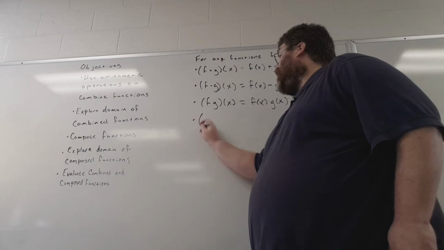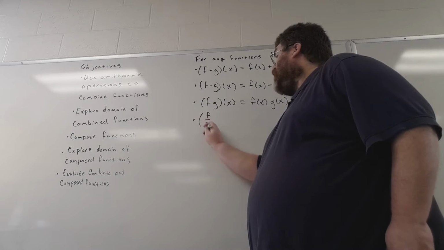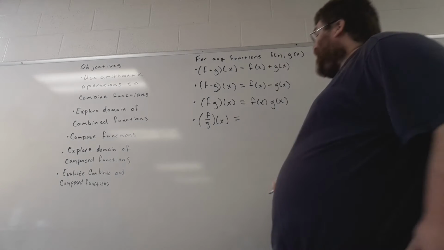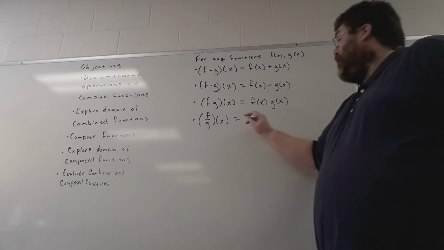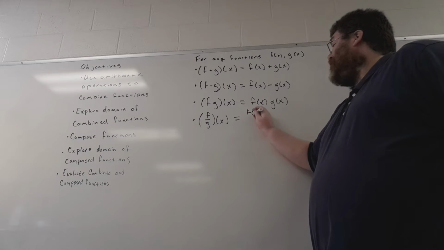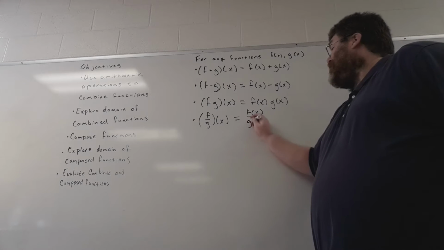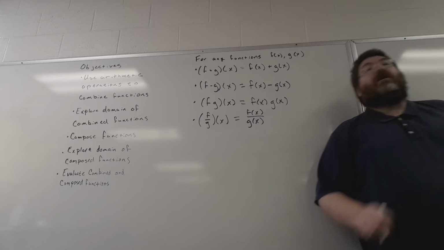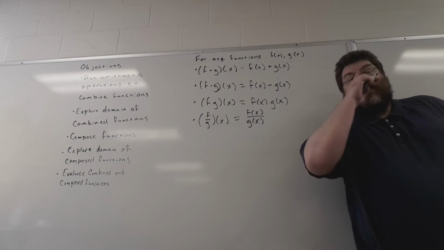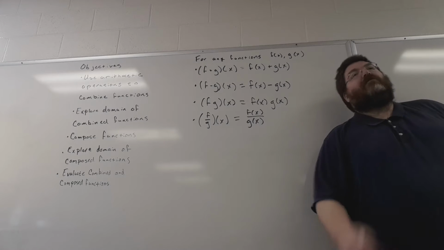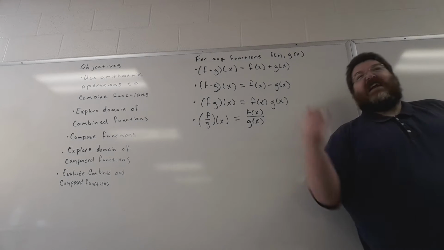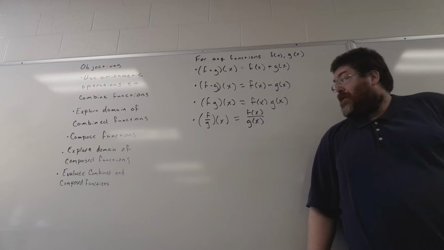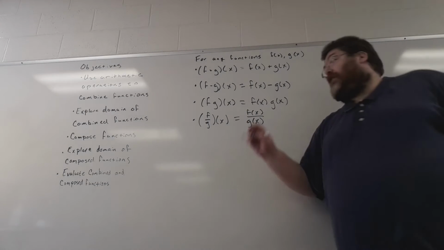And dividing two functions works the way you expect it to, and some of you are already ahead of me. We've said before that whenever we're doing a division, there's one thing we always need to look out for. Not even something that needs to stay in the back of our mind, something that needs to stay right up front. And that is, we cannot divide by 0.